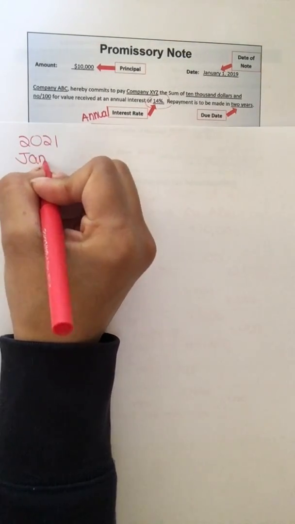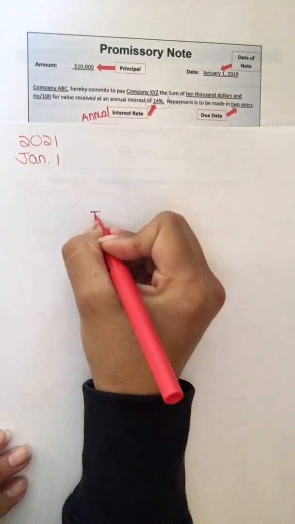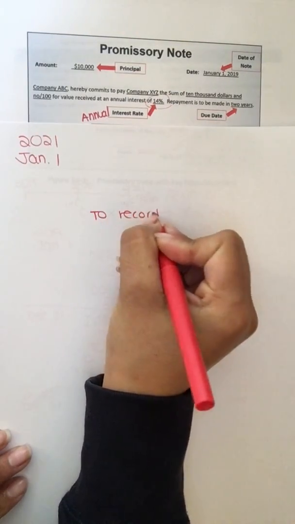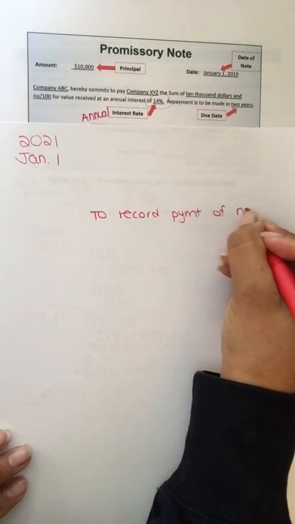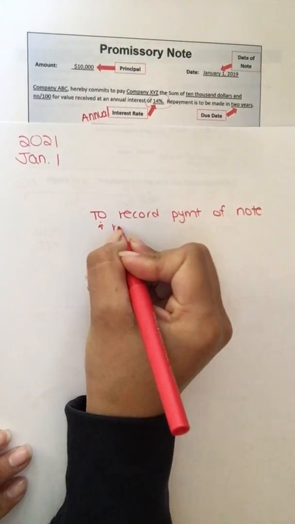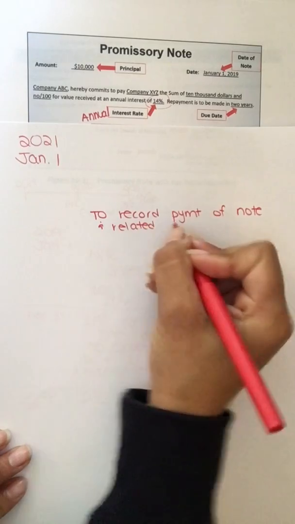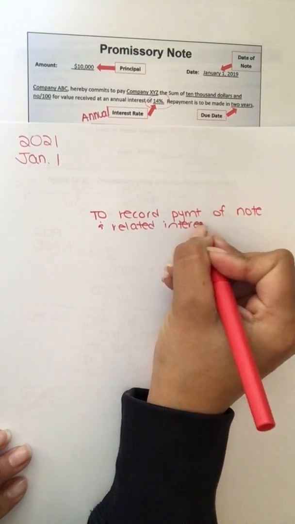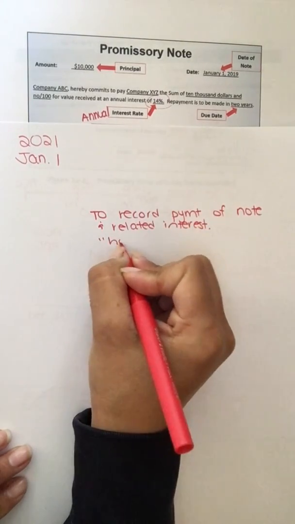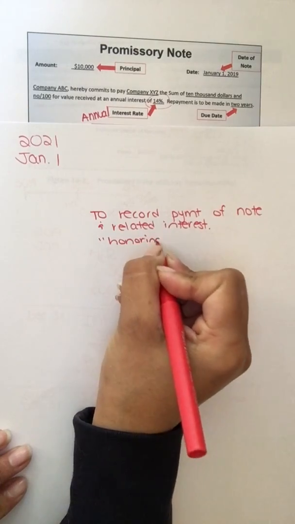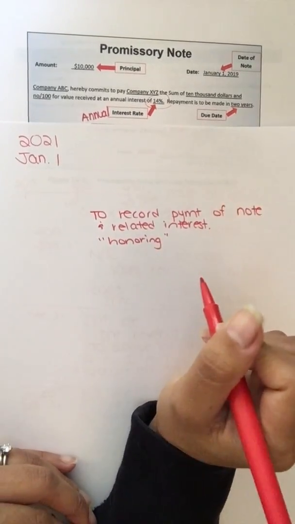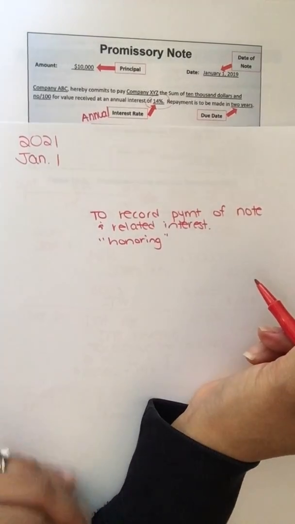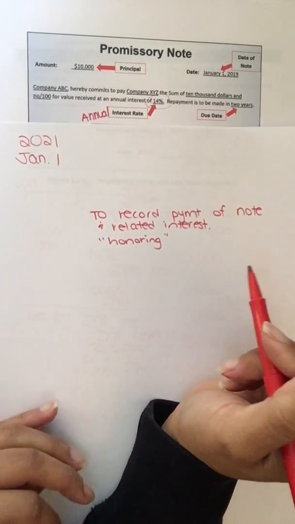2021, January 1st. To record payment of note and related interest. This is also called honoring a note. When a customer pays at the due date, it's called honoring the note. So if a customer doesn't pay the note and interest at the due date, it's called dishonoring the note.